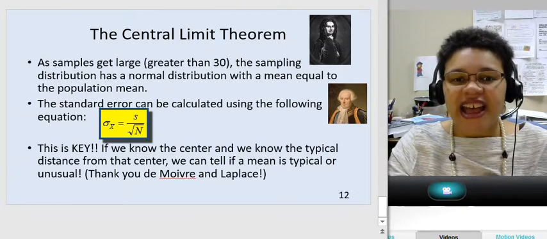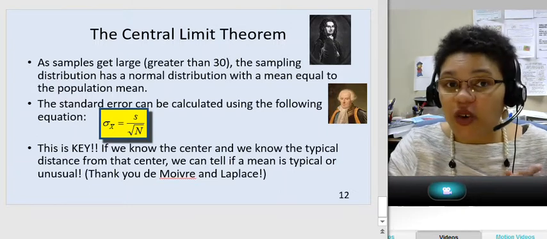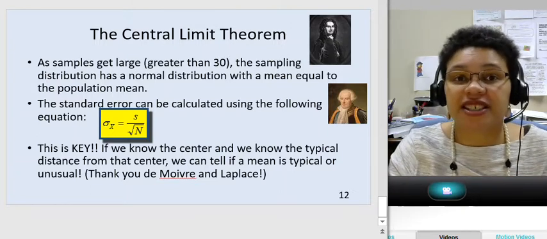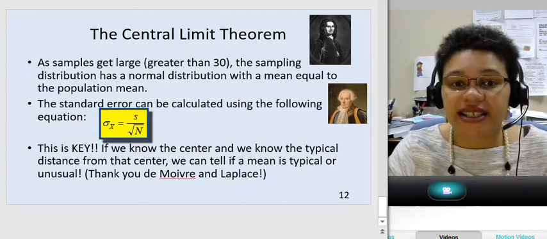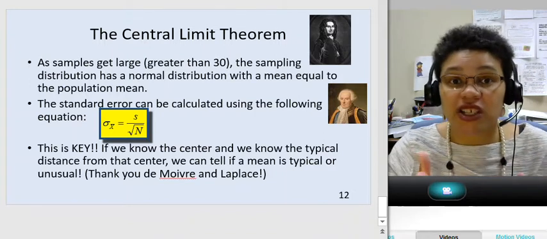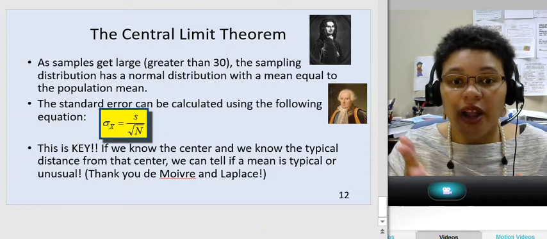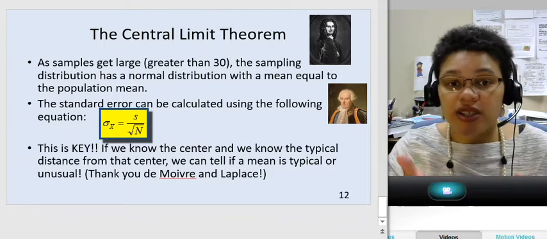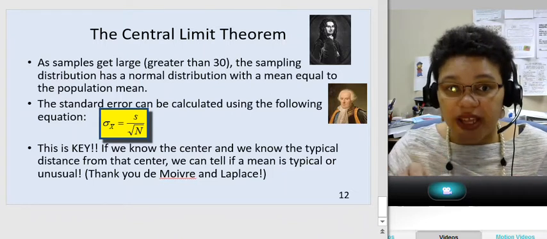The standard deviation of the sampling distribution, the standard error, can be calculated using this equation: standard error equals s divided by the square root of n.